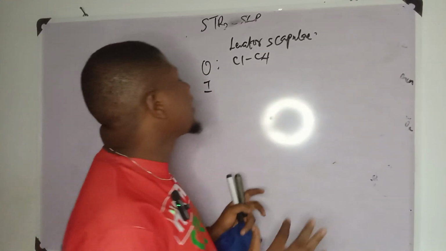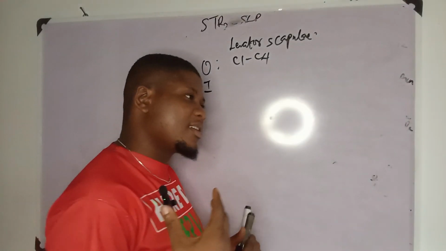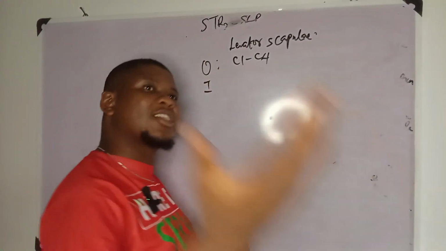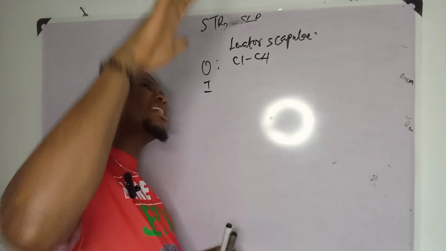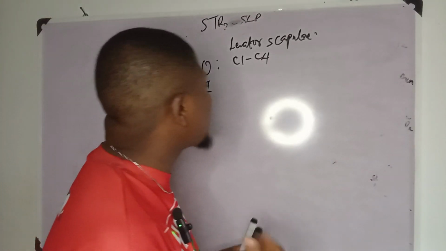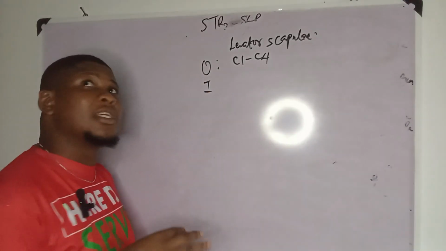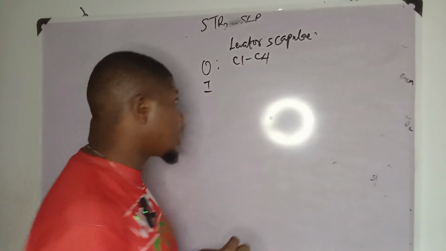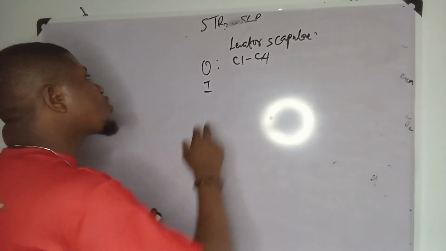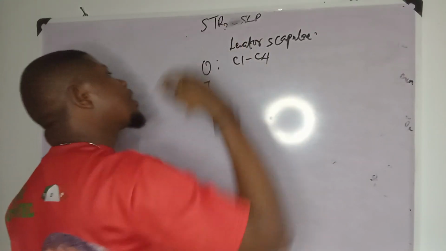If you come to the medial border of the scapula, we have a dorsal aspect and a ventral aspect. The ventral aspect is for insertion of serratus anterior, while the dorsal aspect of the medial border is for insertion of what? Levator scapula, rhomboid major, and rhomboid minor.